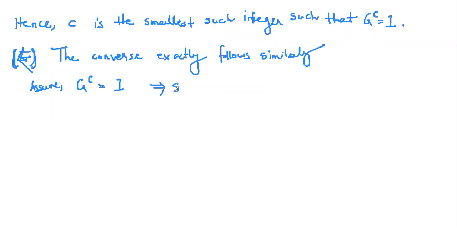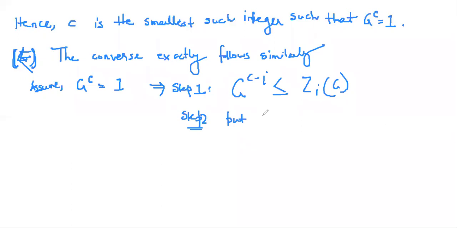From this, you first prove that inequality, right? You prove that G^{C-i} is a subset of Z_i(G). And then step 2, what do you do? You put i equals C to get G^C of G is G. Then you have to prove that the nilpotency class is exactly C. That is, you have to prove that Z_i(G) for anything less than C won't be G.